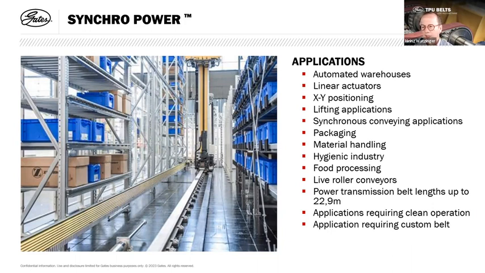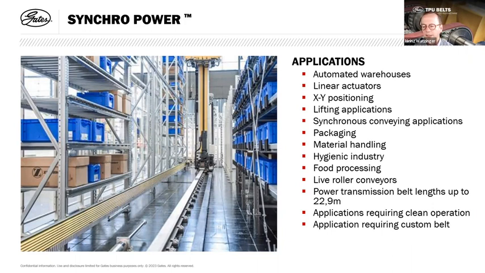Next is the Synchro Power Belt, which I will leave Heinz to describe in more detail. Thanks, David. Well, Synchro Power belts are made of an abrasion-resistant thermoplastic polyurethane with reinforcements that makes the Synchro Power belt the perfect solution for many applications.